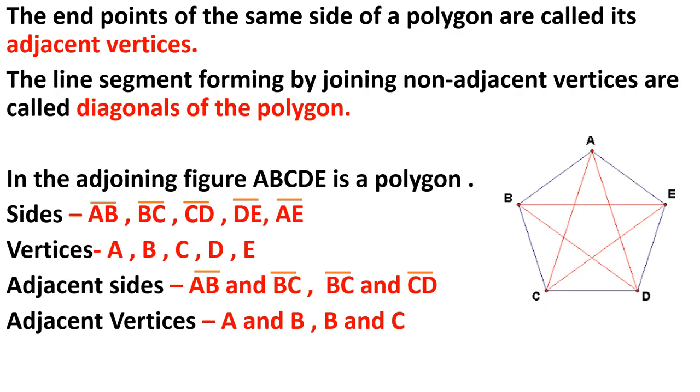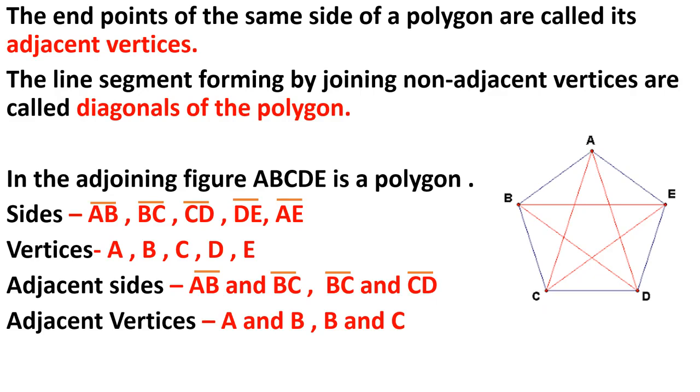The line segment formed by joining non-adjacent vertices is called a diagonal of a polygon. Adjacent vertices you know very well, the two end points of the same side.